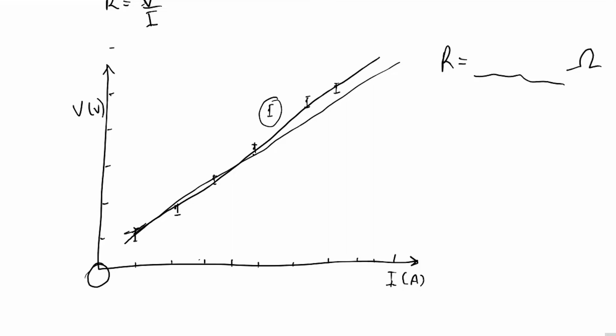And by the same token, if you go through the bottom of the error bars at the bottom and the top of the error bars at the top, you'll have one with a bigger slope, and that's another bound of your uncertainty. So this is a big part of what this experiment's about. It's about working with graphs to be able to quite precisely calculate the uncertainties of our results that we actually use.